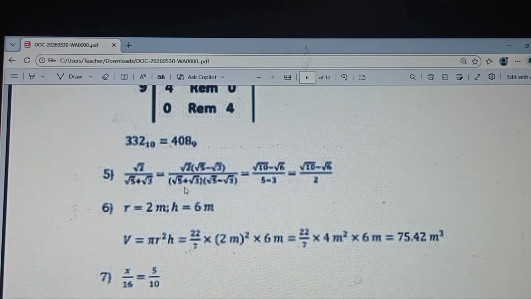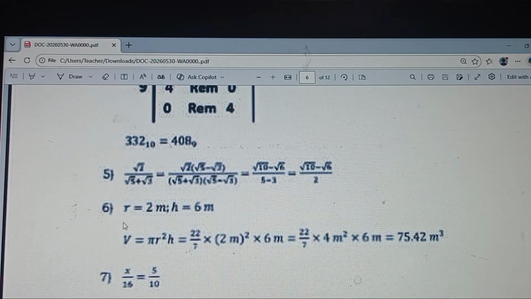Here it is the same. Let me consider the square root of 5 as a, and the square root of 3 as b. That means you have a plus b and a minus b. It means you will get a square minus b square. When you have a square minus b square, the square root will be removed. That is, you get 5 minus 3. Then you get 2. Yes, that is rationalized. It means to remove the square root in the denominator. That's the purpose of rationalizing.